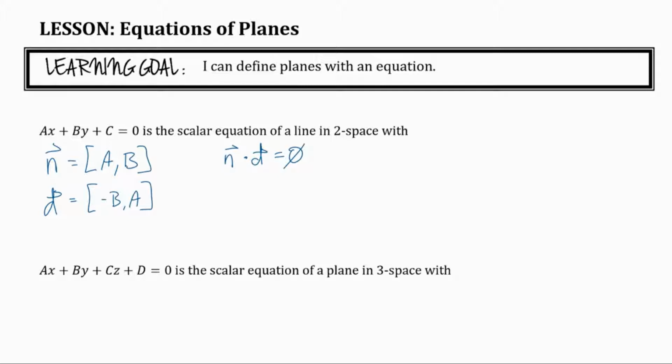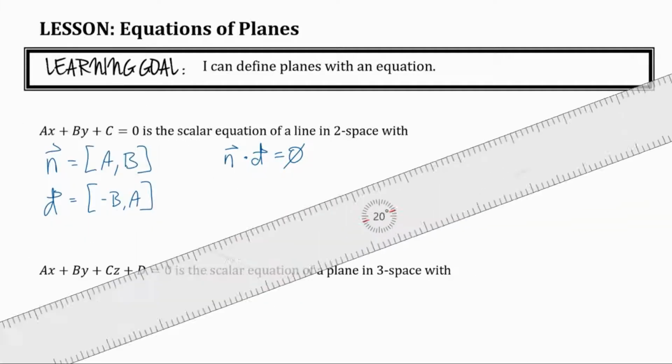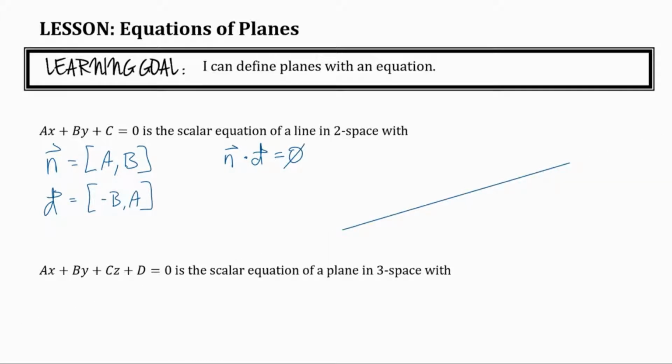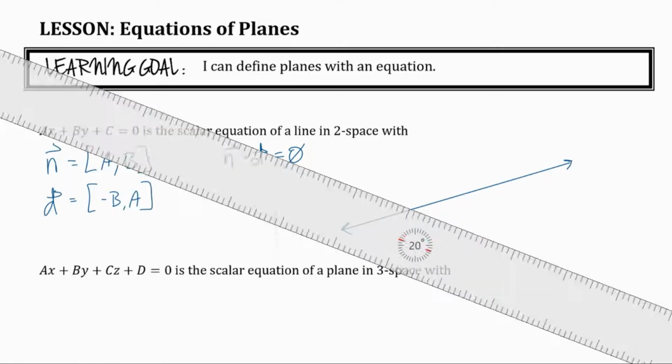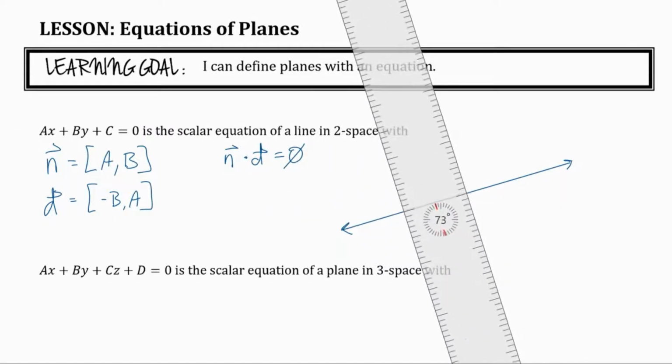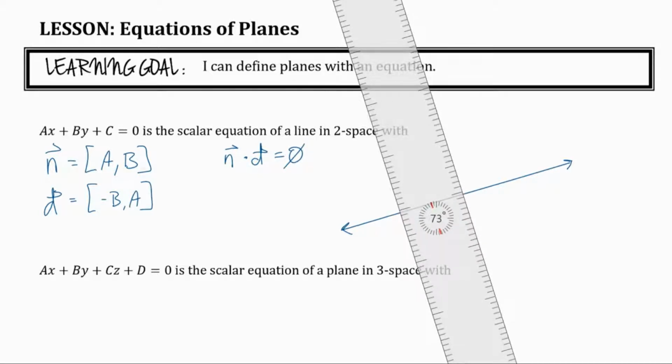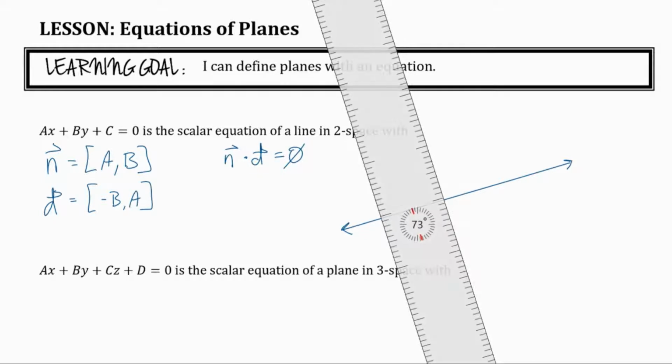Okay, and as usual, visualizing this stuff is really good. So I've got a line, and it's going off in both directions forever. And it has a normal.